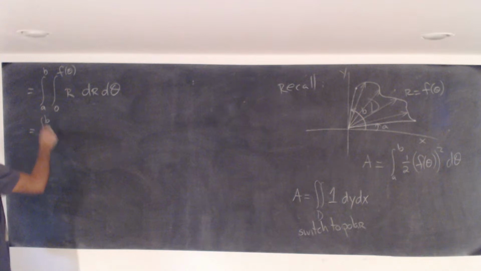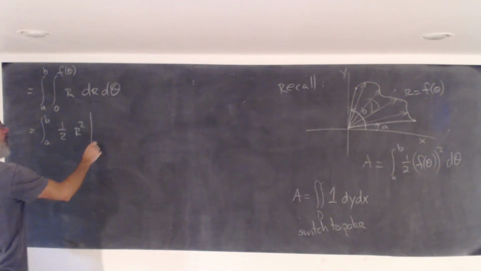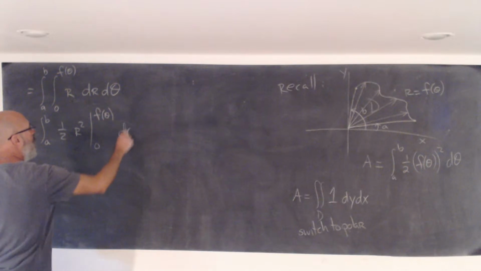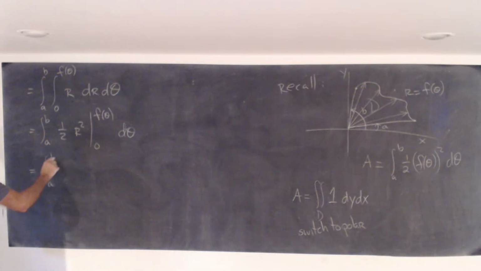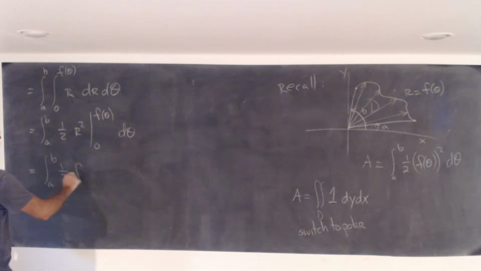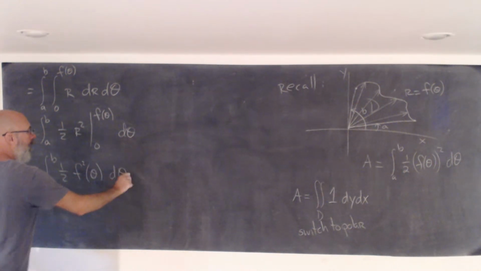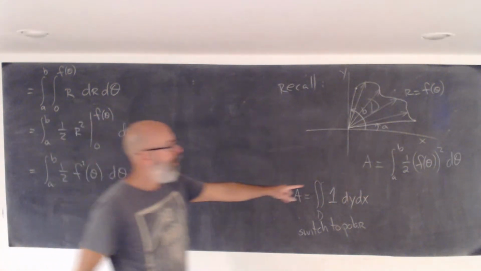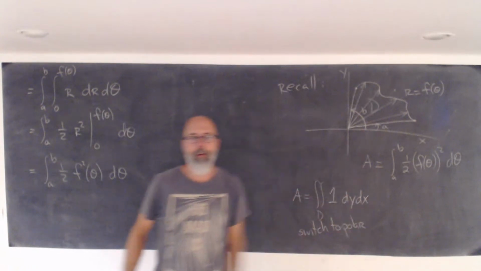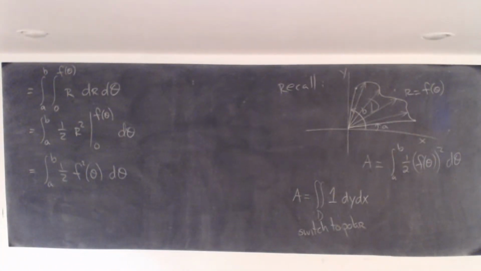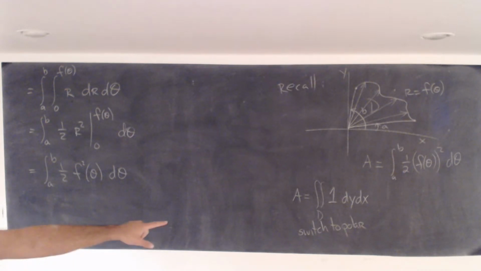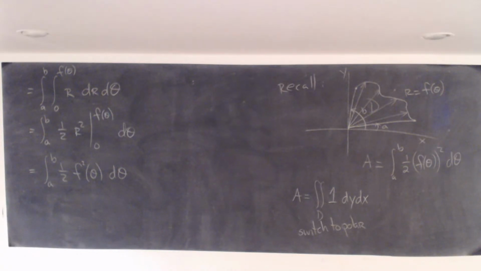You get 1/2 r squared, or 1/2 f squared d theta, exactly the area formula that we had derived originally. Isn't that nice? Thereby reinforcing the need for the Jacobian there.